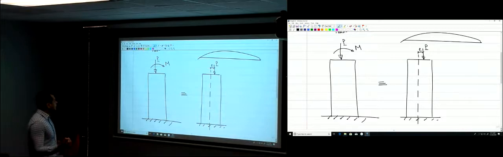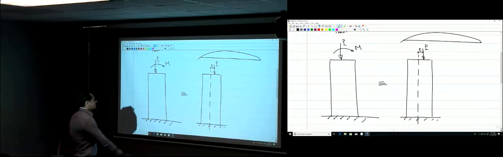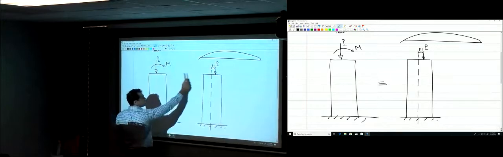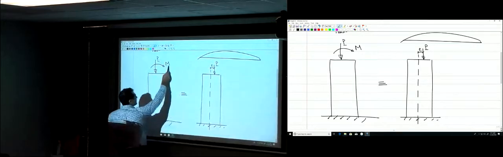Translating P from the centroid to some distance e is equivalent to having P and M.